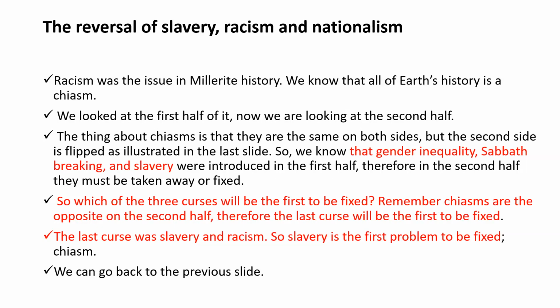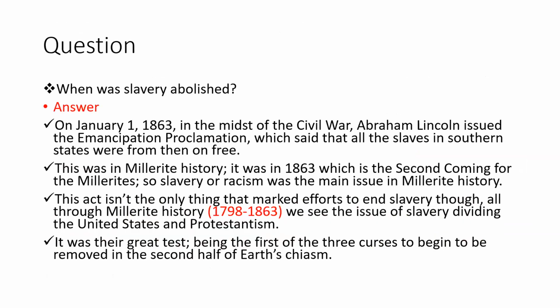Okay, we have two answers. All right, for the sake of time, we are going to move on. So on January 1, 1863, in the midst of the Civil War, Abraham Lincoln issued the Emancipation Proclamation, which said that all slaves in southern states were from then on free.